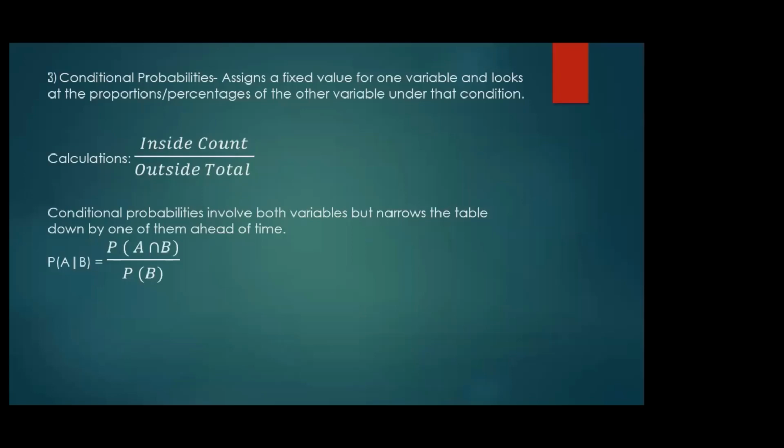So what is the conditional probability saying? What's the probability of A given B? It is the probability of A happening given that B already occurred.